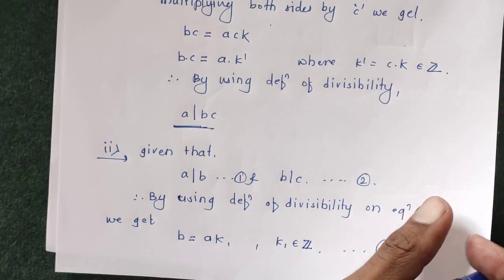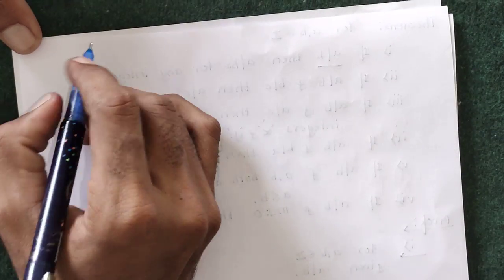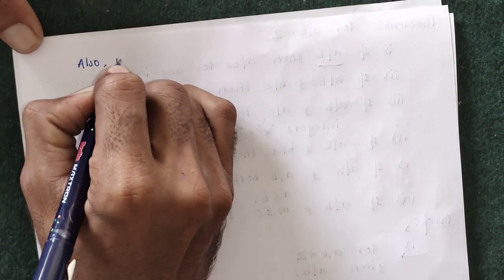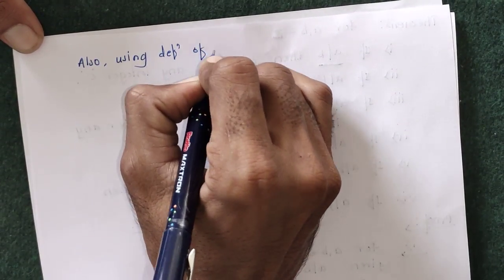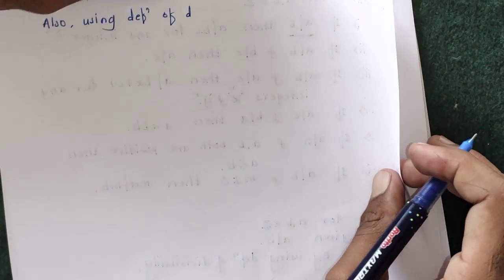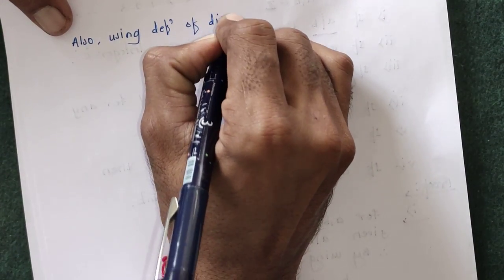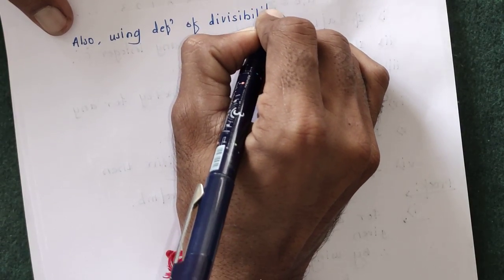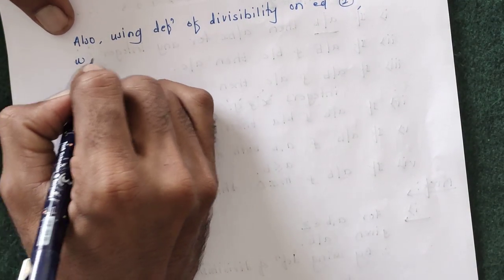Also using the definition of divisibility on equation 2. What is equation number 2?